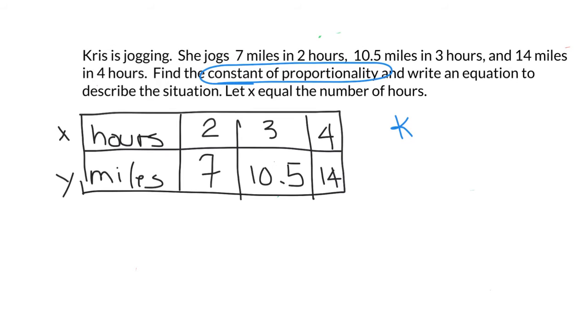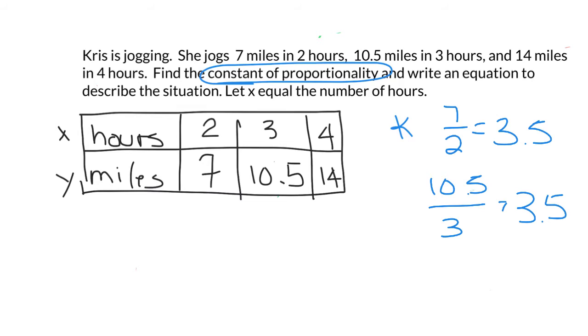So 7 divided by 2 is 3.5. 10.5 divided by 3 is 3.5. 14 divided by 4 is also 3.5. So my k equals 3.5.